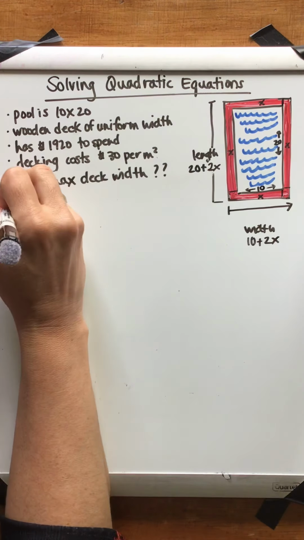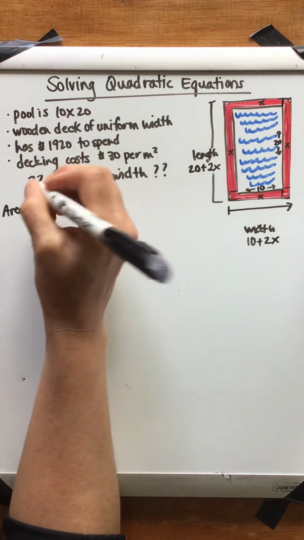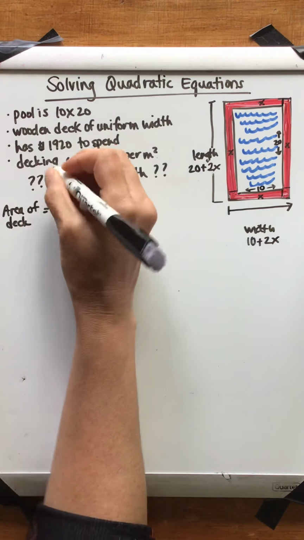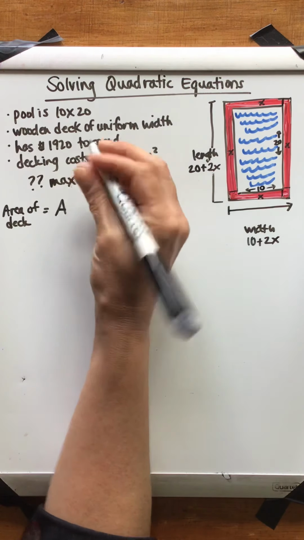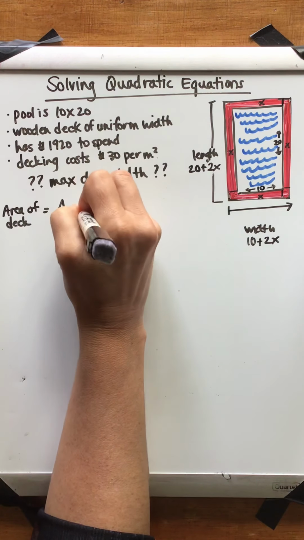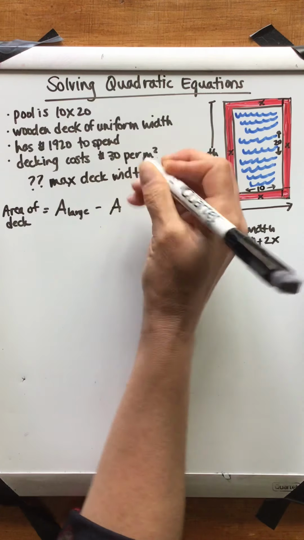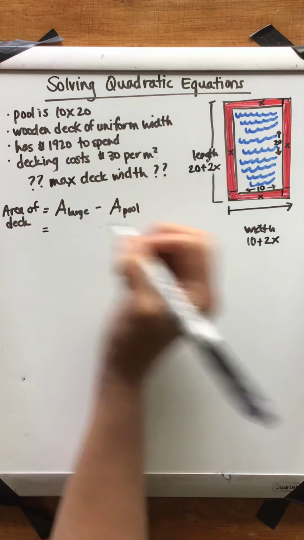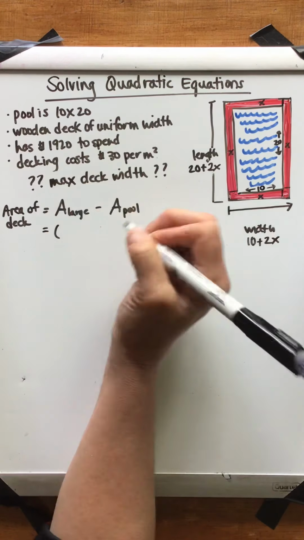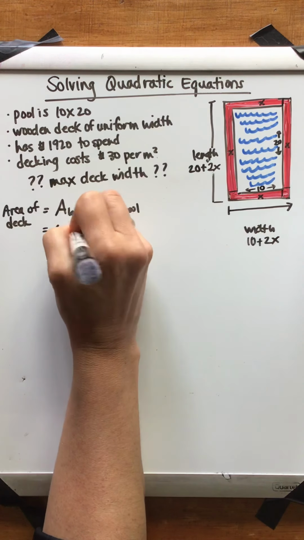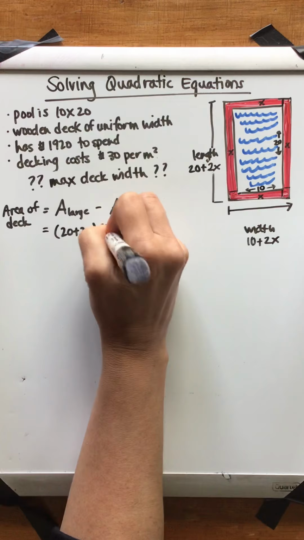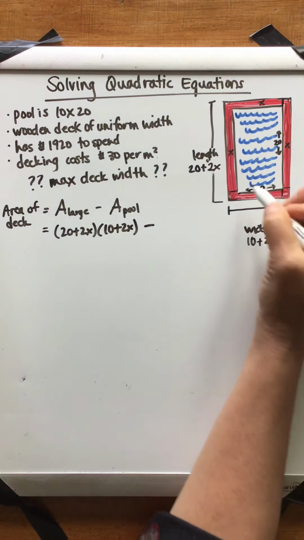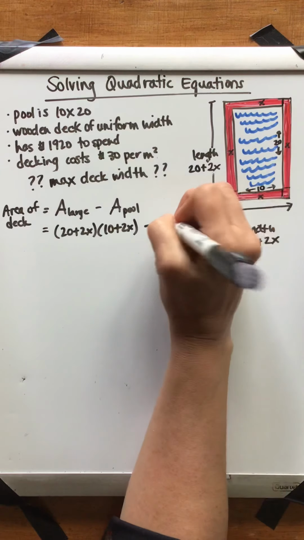So I'm going to write that in words. The area of the deck is going to be the area of the large rectangle minus the area of the pool. Okay, so our large one, as we said, length times width will be 20 plus 2x times 10 plus 2x. And the area of the pool will just be 10 by 20.